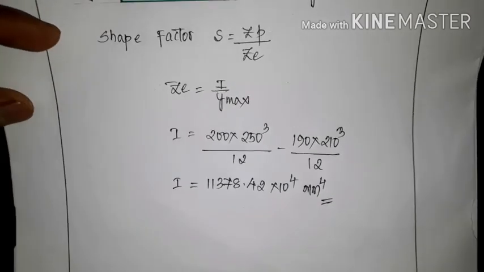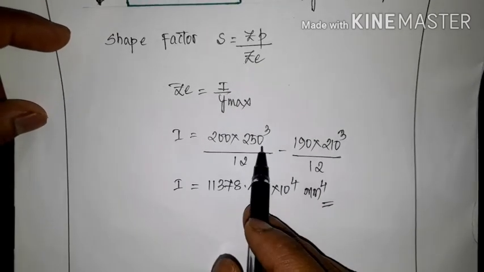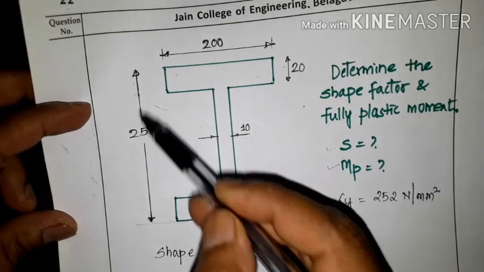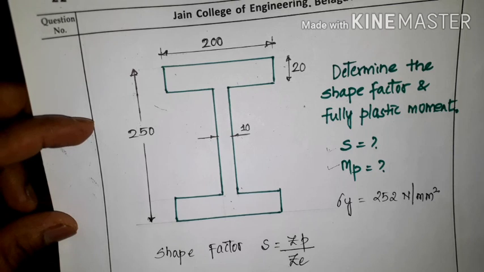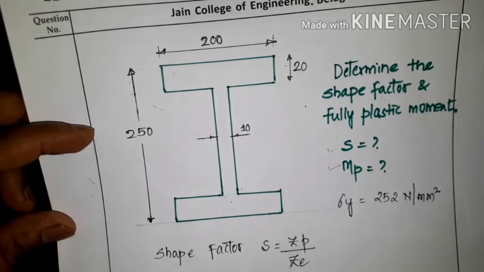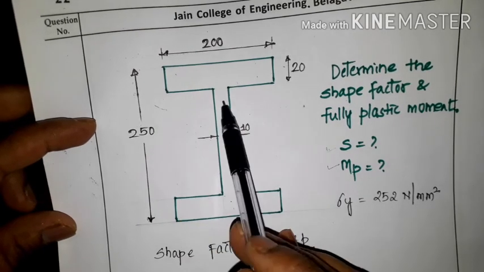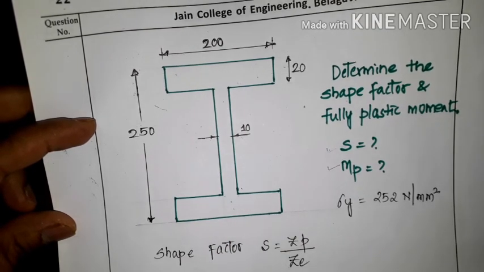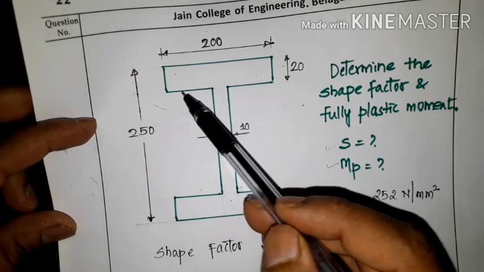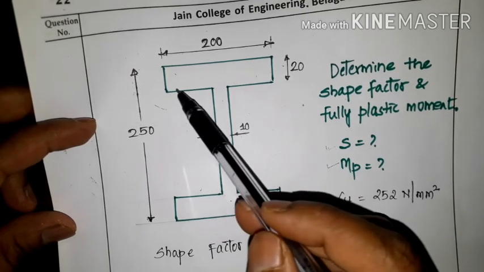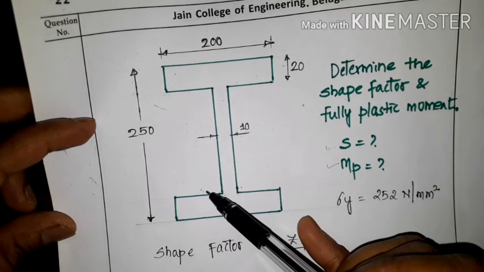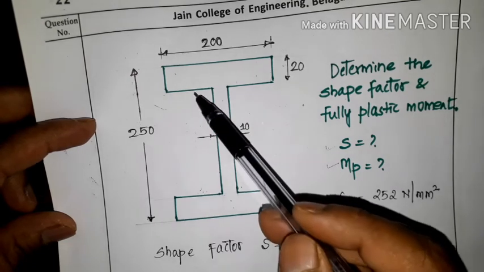Okay, so that is 200 into 250 cube by 12 minus again 190 into 210 cube by 12. Here 200 minus 10 is 190, that is B is 190, and this is 210, 250 minus 40 on both the sides, so 210.